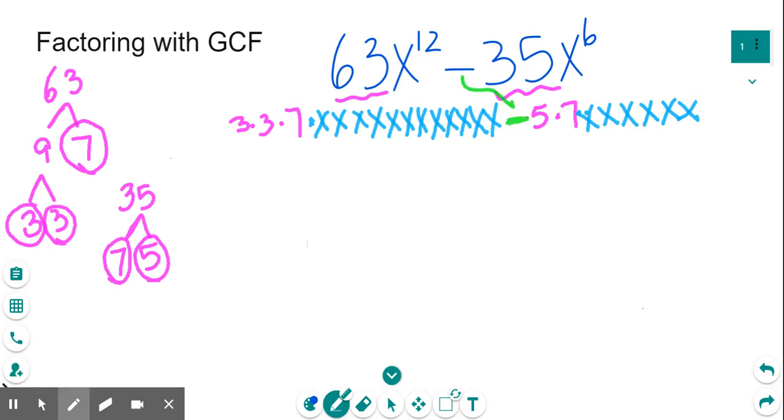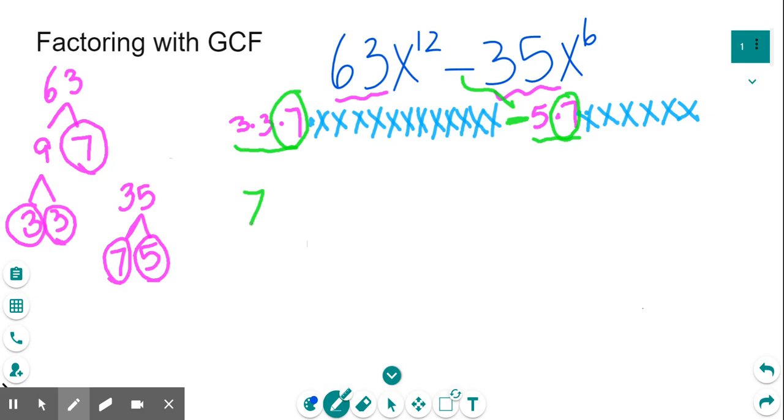All right, so let's take a look at what both of these terms have in common. Now, if I look at just the numbers, 3 times 3 times 7 and 5 times 7, they only have one number in common, and that's the 7. So that's part of the GCF. So I'm going to take a 7 out.